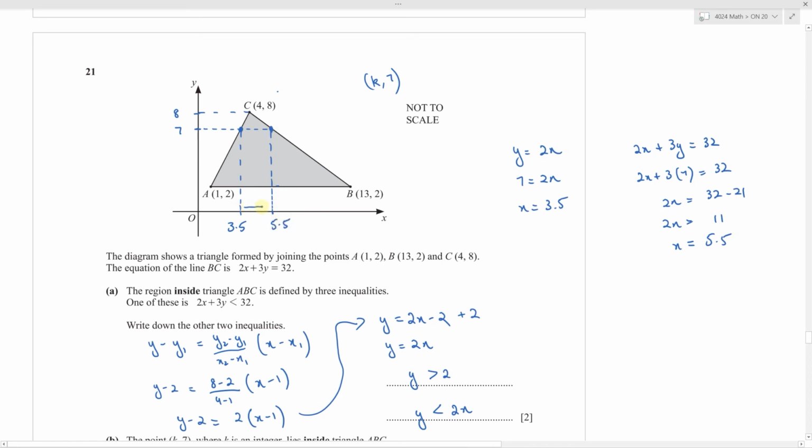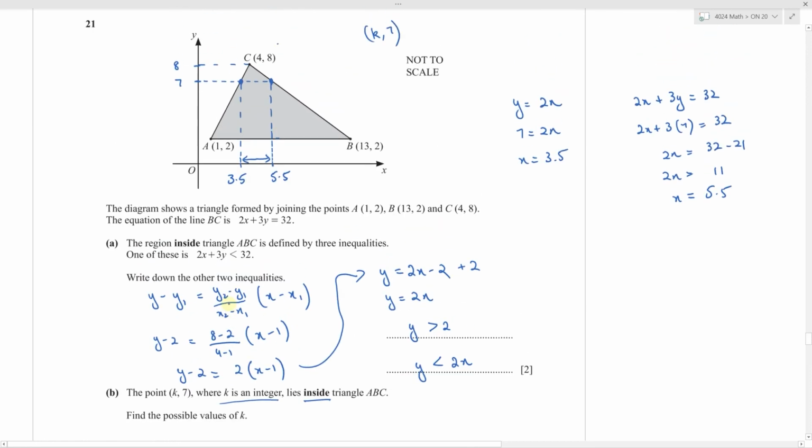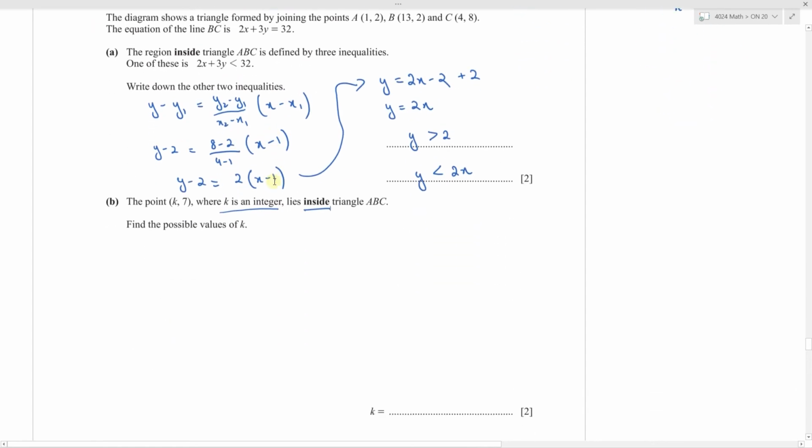So now your k is between 3.5 and 5.5. So k is an integer, lies inside the triangle ABC. So it's an integer value and it lies between 3.5 and 5.5. So what are the two integer values on a number line which lie between 3.5 and 5.5? These are 4 and 5.